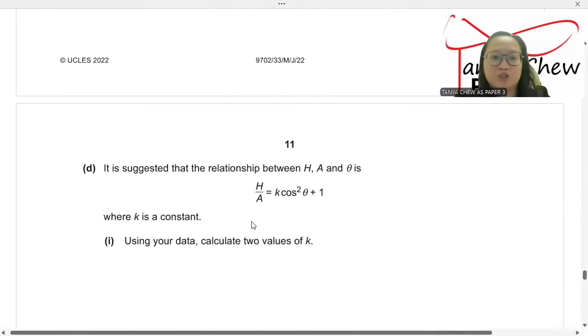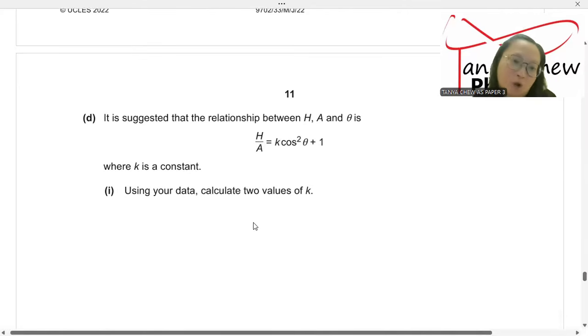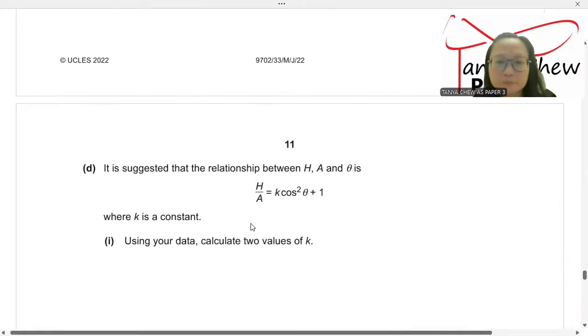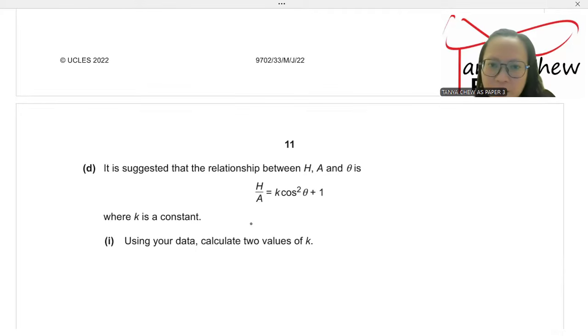Now, D, it is suggested that the relationship between h, A, and theta is h over A is equal to K cos square theta plus 1, where K is a constant. Using your data, calculate 2 values of K. Now, I make K the subject first. K is equal to h over A minus 1, divided by cos square theta.